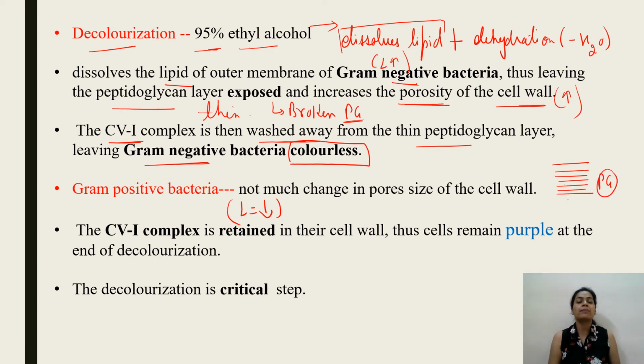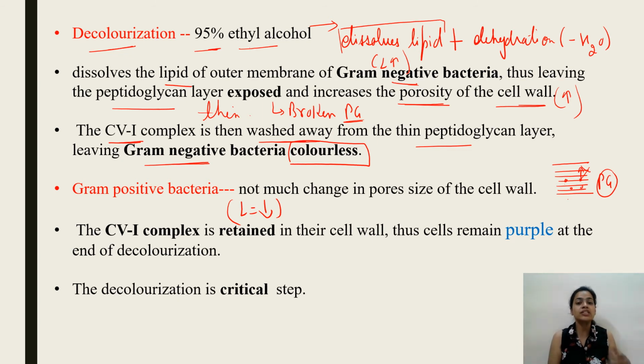When the dehydration takes place, this whole peptidoglycan layer will get more compact, more sandwiched, and as a result, the CV and I complex will not be free to leave the cell. It will get more trapped within the peptidoglycan layers.